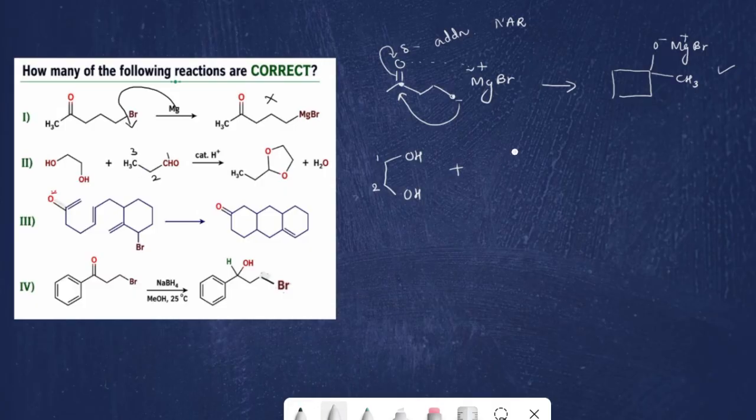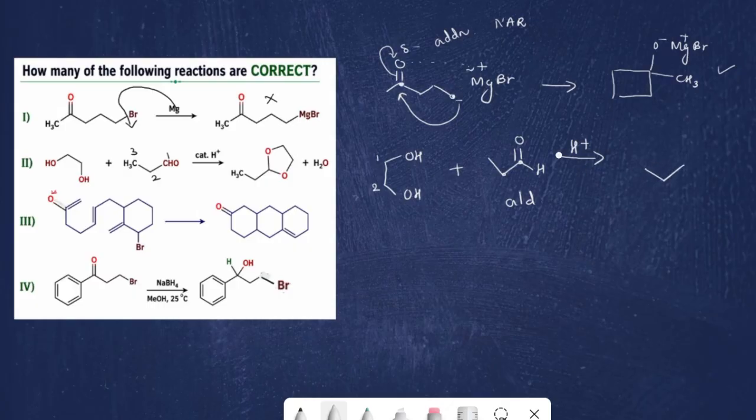So let's write down the propanal molecule. You better elaborate the molecule like this. So 1, 2, 3 like this. So it is treated with a catalytic amount of an acid. Whenever we have an aldehyde and a diol, we are going to get an acetal molecule. What is an acetal? It's a geminal diether.